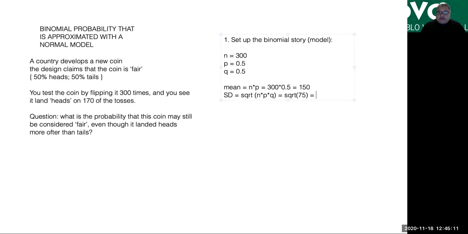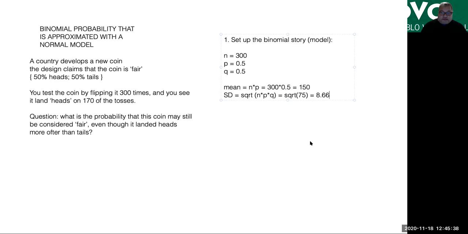When we calculate the square root of 75 in a cell phone calculator, we get 8.66.